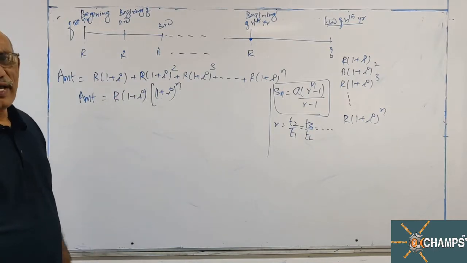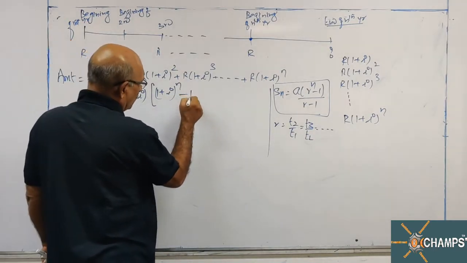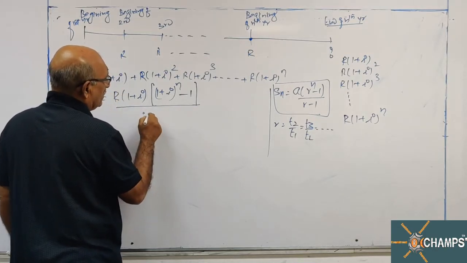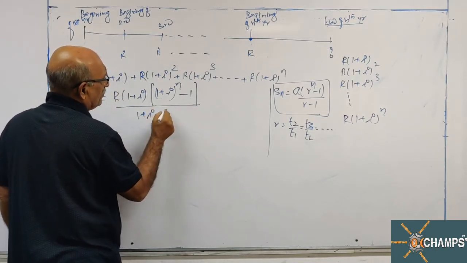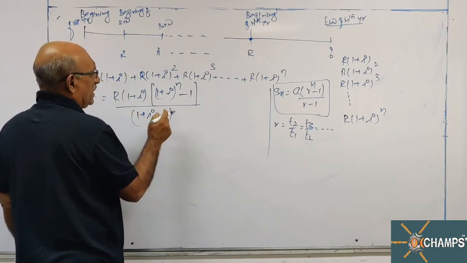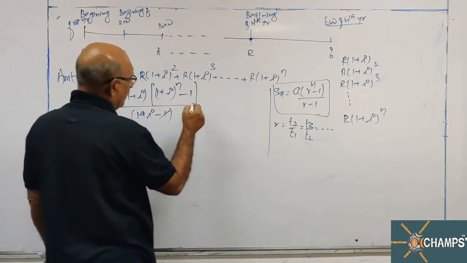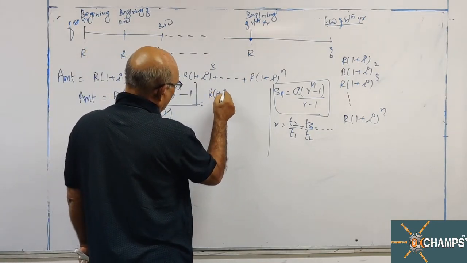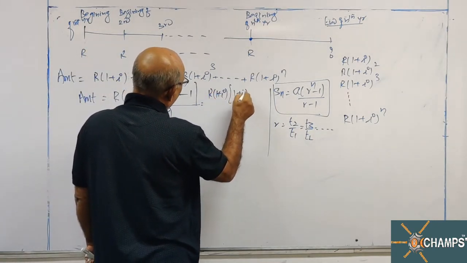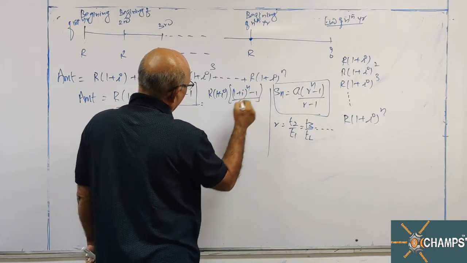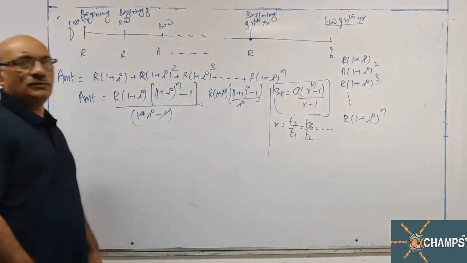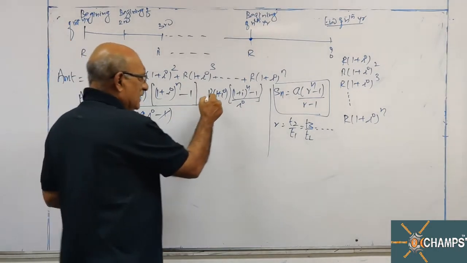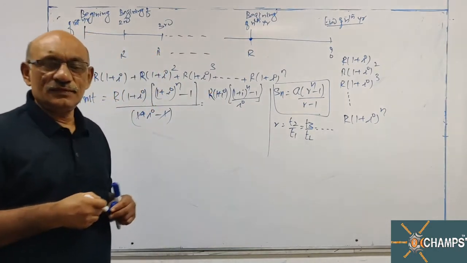So I'll get 1 plus I as common ratio, minus 1, divided by (1 plus I) minus 1, that is R minus 1 plus 1 minus 1 cancel. So this is R into (1 plus I) into (1 plus I) whole power n minus 1, divided by I.